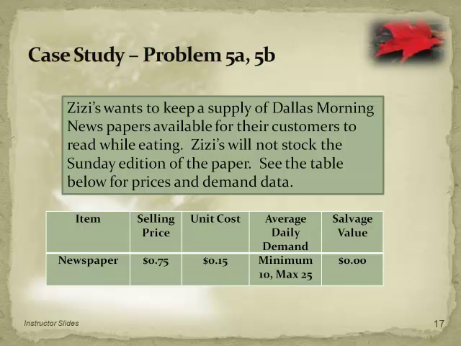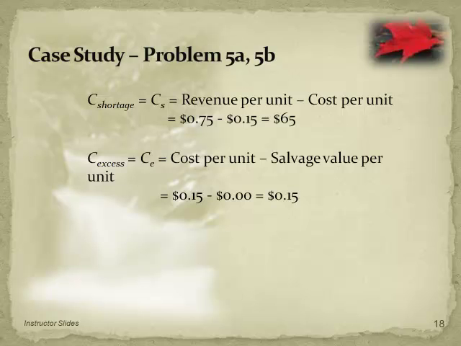So the question is, what should be the optimum service level that we should try to attain for this set of data, and also how many newspapers should we buy each day? So we first have to calculate the shortage cost. The shortage cost is the revenue that we receive when we sell a paper minus our cost.